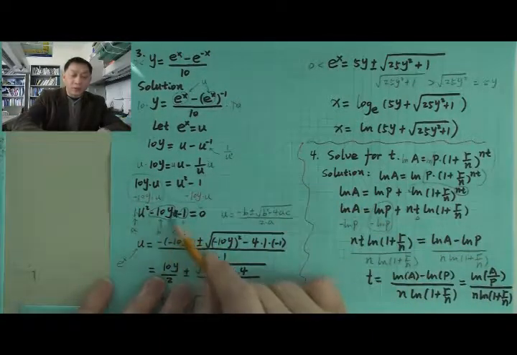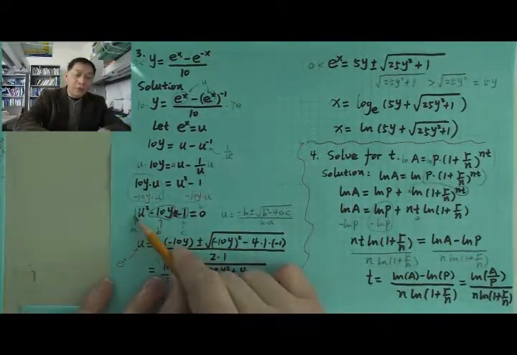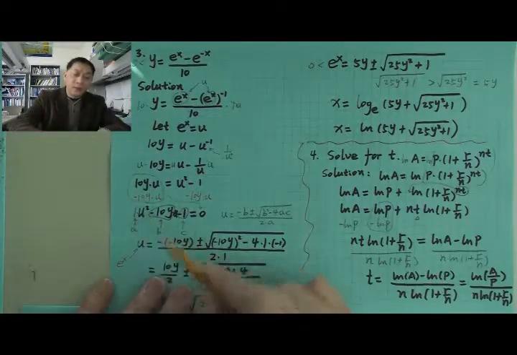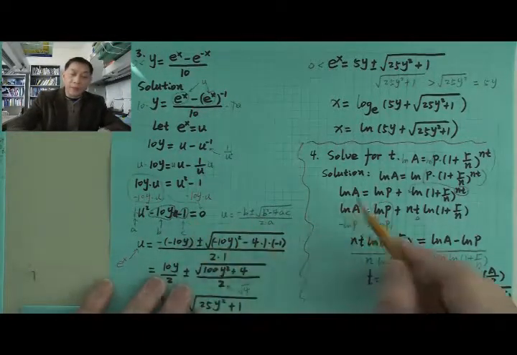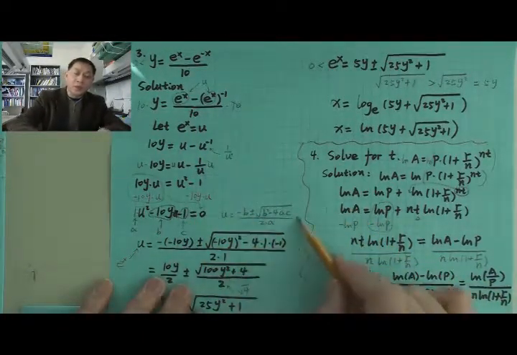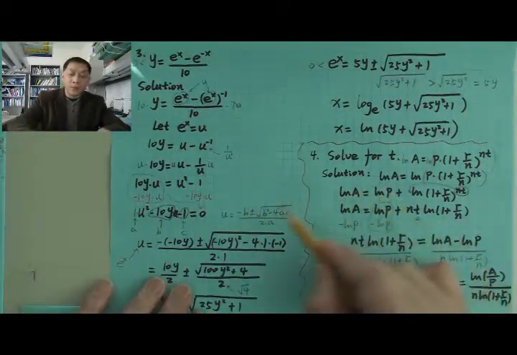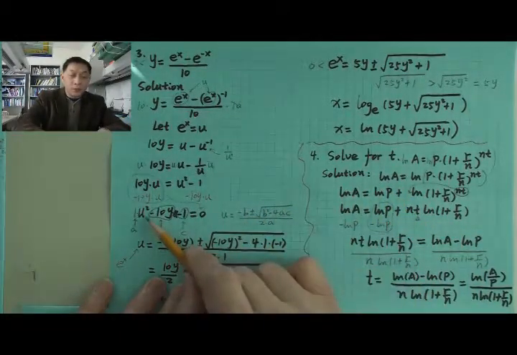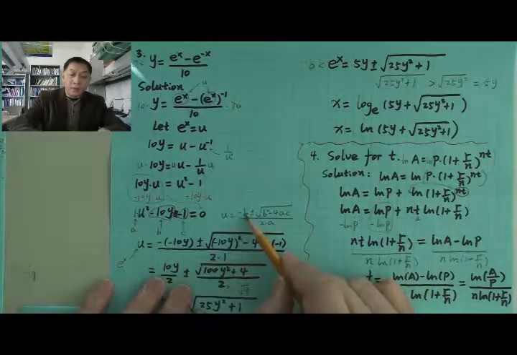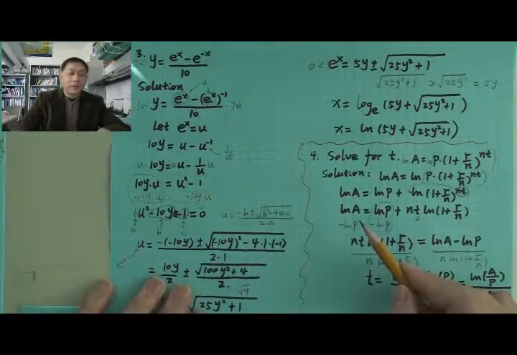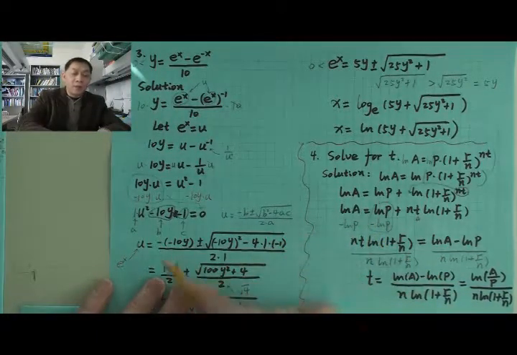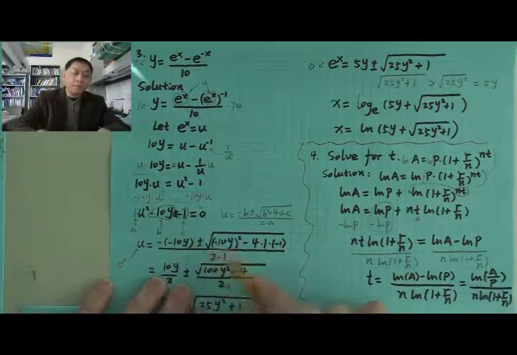This is a quadratic function. It has a equals 1 for the coefficient of u squared. It has b equals negative 10y. It has c equals negative 1. And here is the quadratic formula: u equals negative b plus minus radical b squared minus 4ac, divided by 2a. Now, we have the a, b, c values here. We plug in.